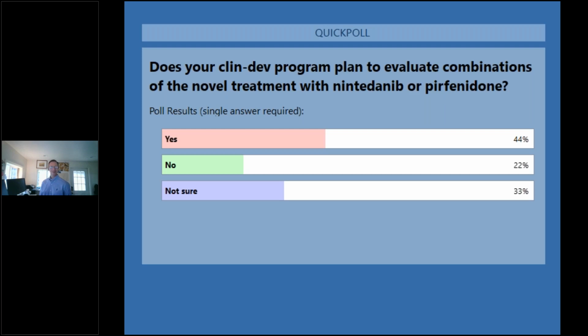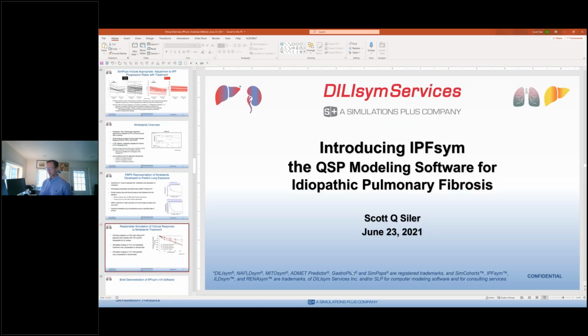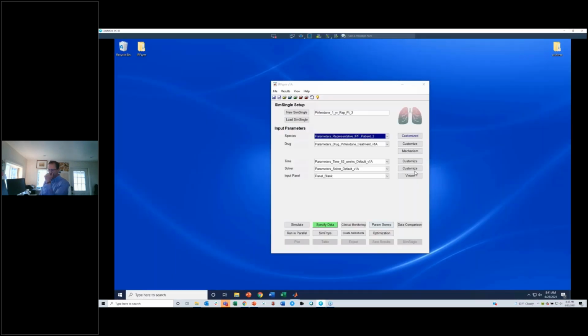Awesome. Great. Okay, so then I'll move from this screen to this screen. And so really what we have is IPFsym. I don't think I've mentioned it yet, it is currently based in MATLAB.